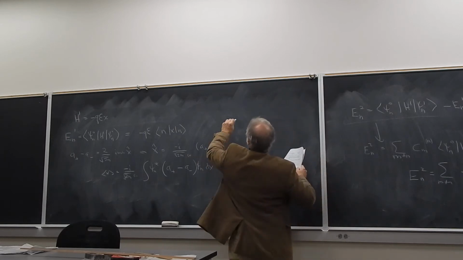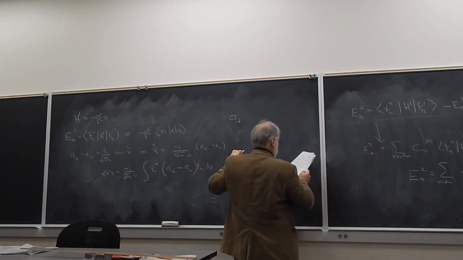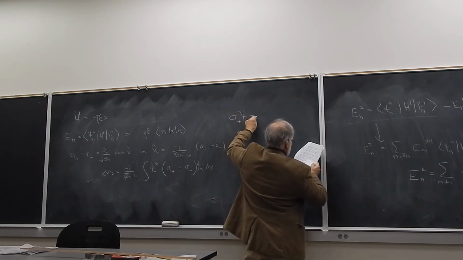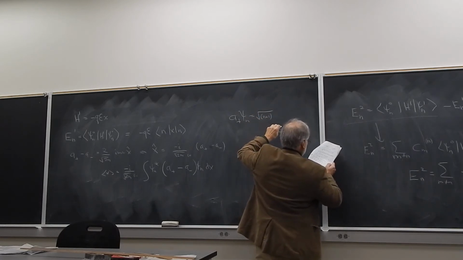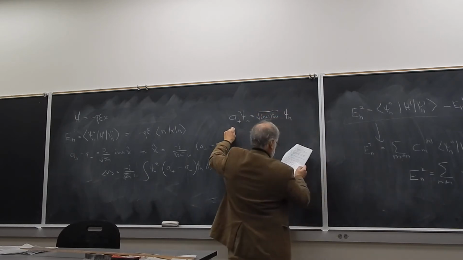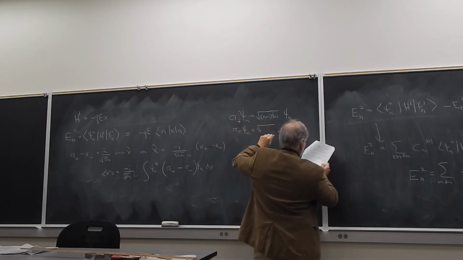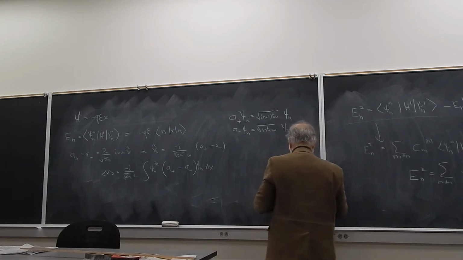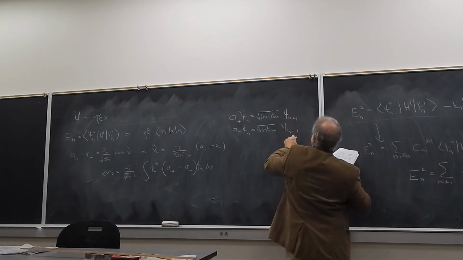But when those operate, a plus operating on psi n gives me the square root of n plus 1 h bar omega psi n plus 1. A minus operating on psi n gives me the square root of n h bar omega psi n minus 1.